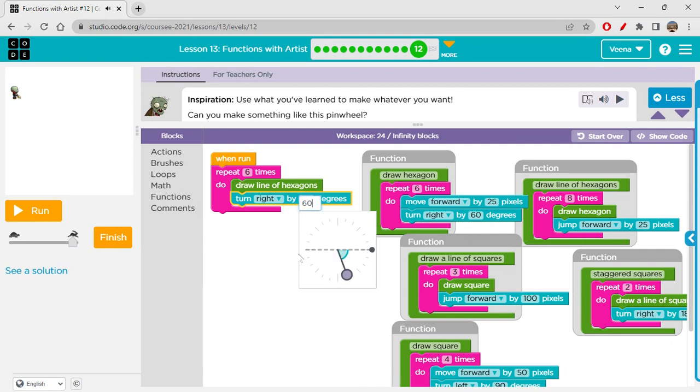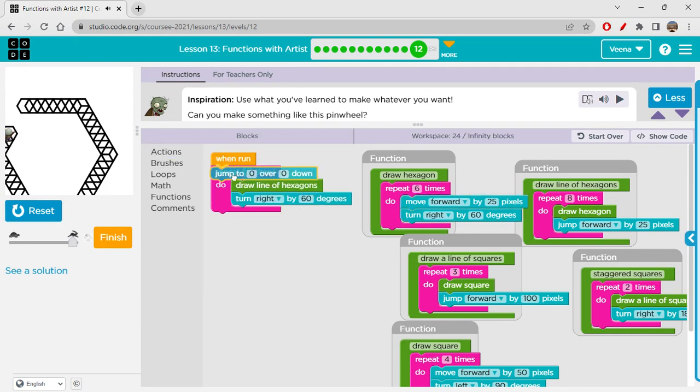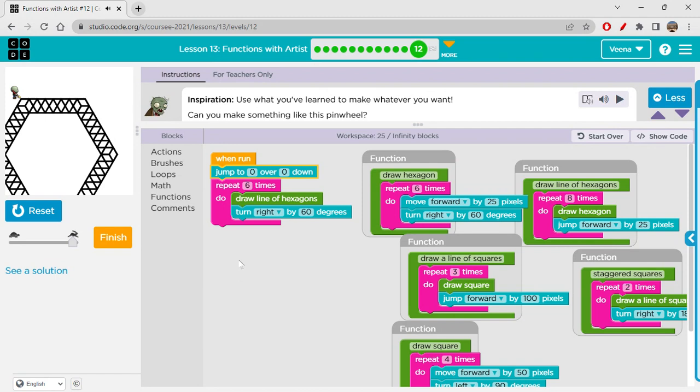Okay. Let's run it. This is drawing a hexagon in turn, right? Okay, this is cool again. But first, let's go to actions and let's jump into 0 over 0.